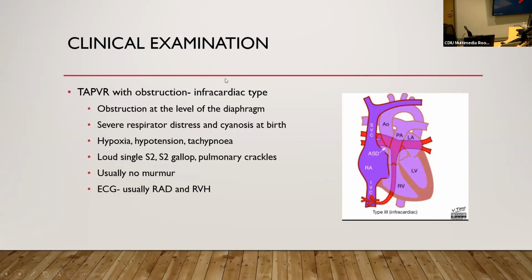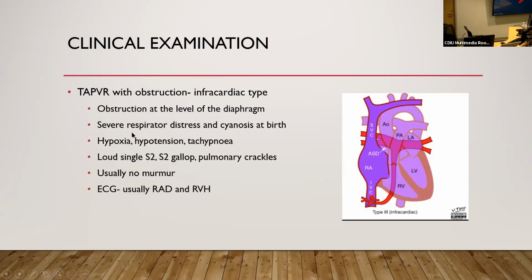Now with the infracardiac type, whereby it's crossing the diaphragm to drain into the IVC or hepatic veins, obstruction is at the level of the diaphragm, and then they can present with quite severe respiratory distress and cyanosis at birth. So they're usually hypoxic, hypotensive and tachypneic.